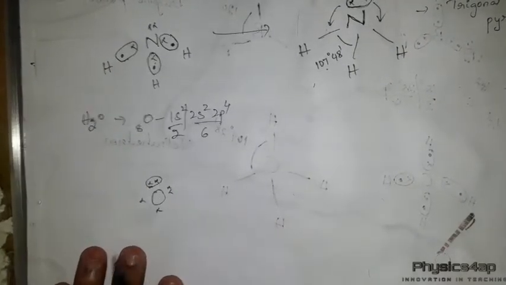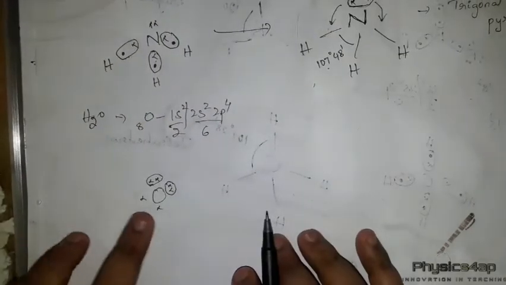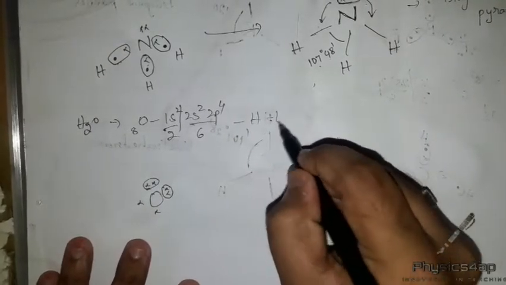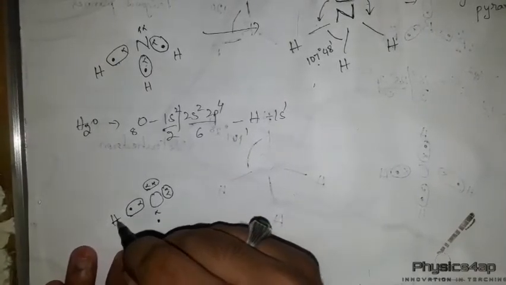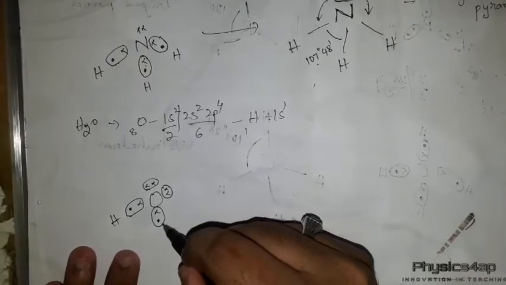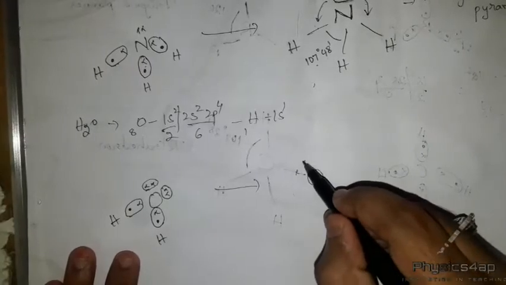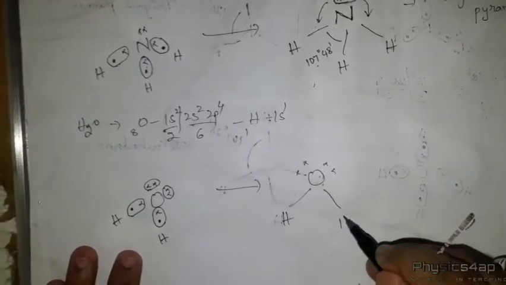We have 2 lone pairs in the oxygen, this one lone pair and this another lone pair, and the other 2 electrons are ready to bond with hydrogen, which has only 1 electron. So oxygen combines with one hydrogen and with another hydrogen. When we simplify this, this is the structure for the water molecule.